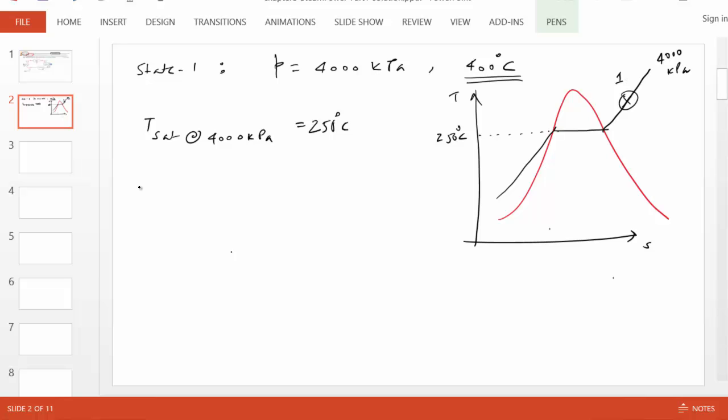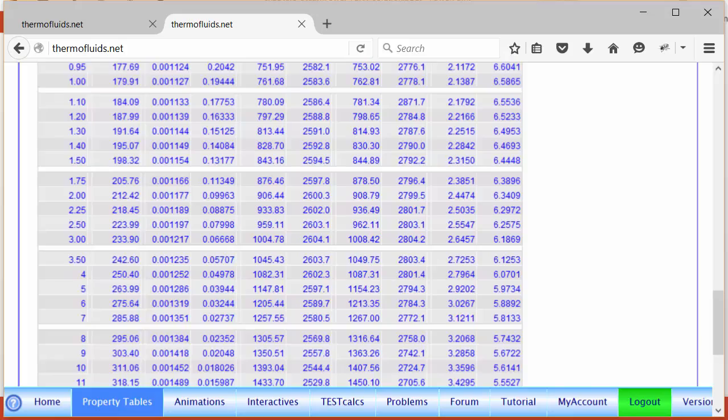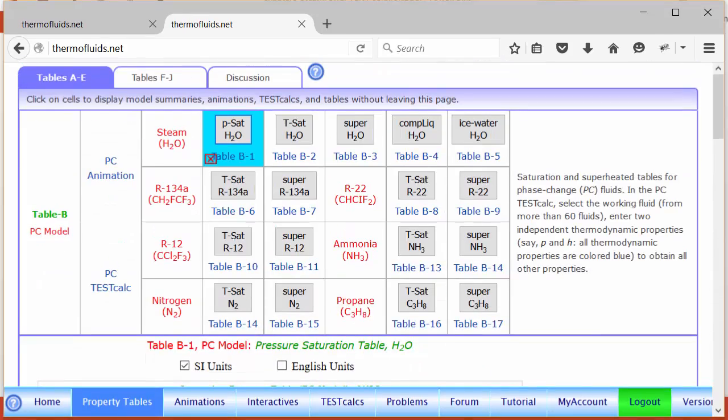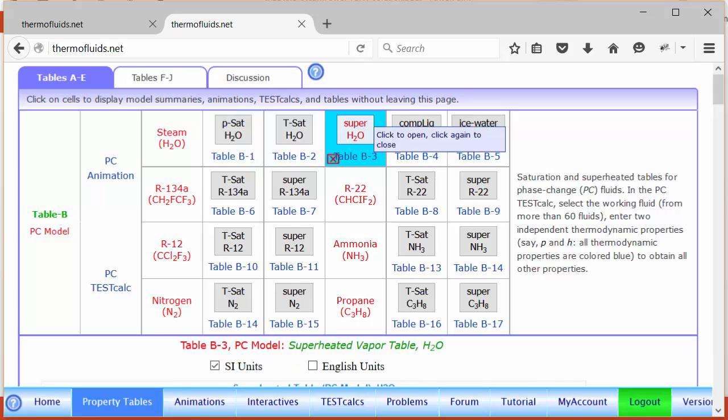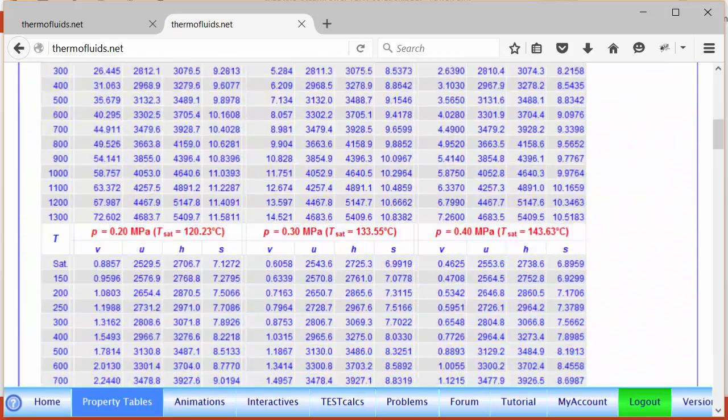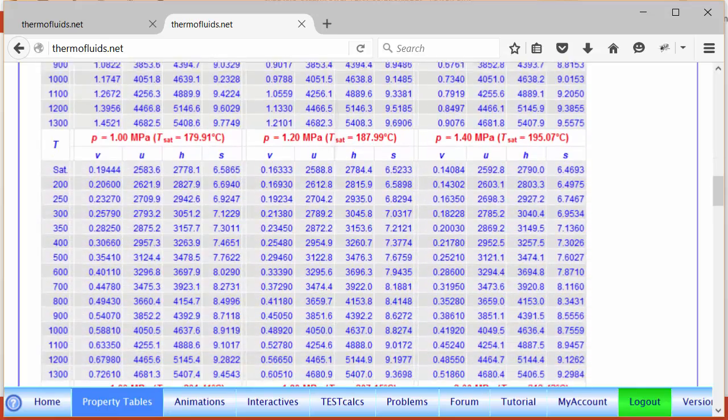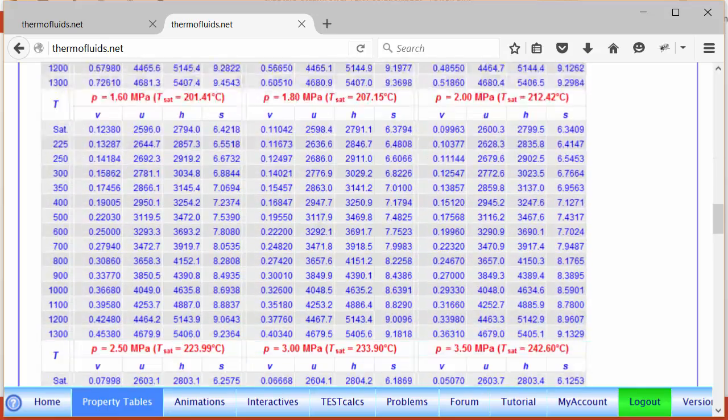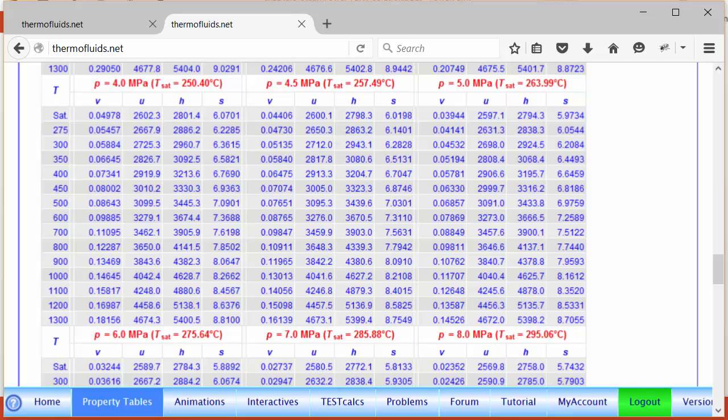That means state 1 is superheated. So how do we find, say, enthalpy at 1? We now go to the superheated table of H2O. Find the 4 MPa table. 4 MPa is somewhere after 1 MPa and 2.5, and 400 degrees Celsius is here.